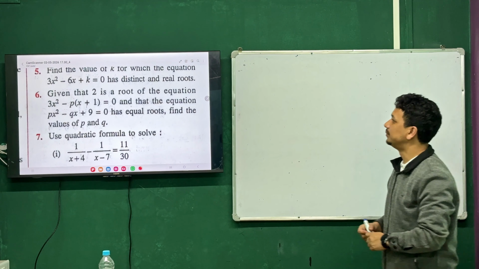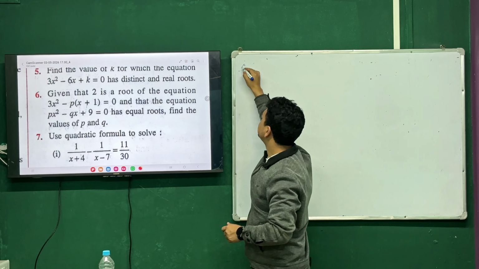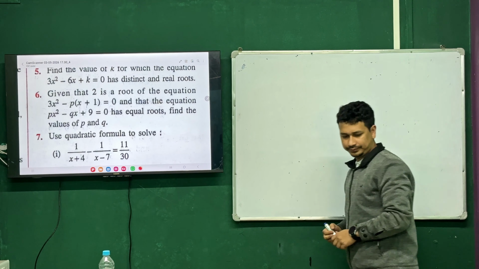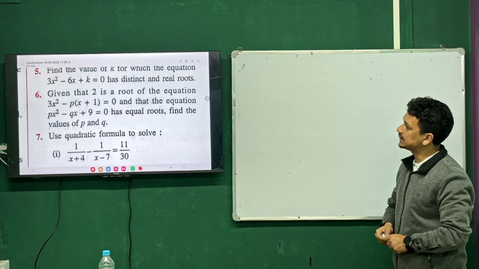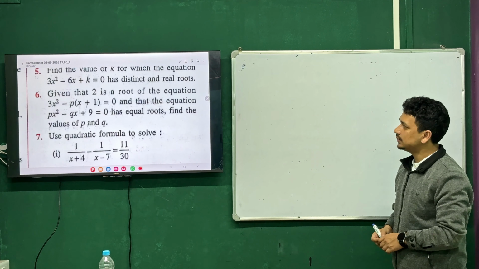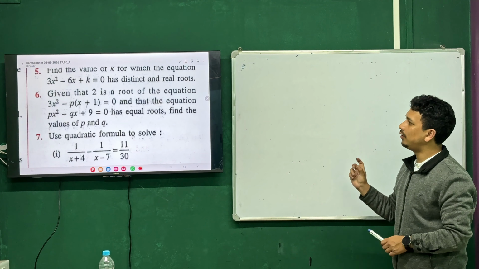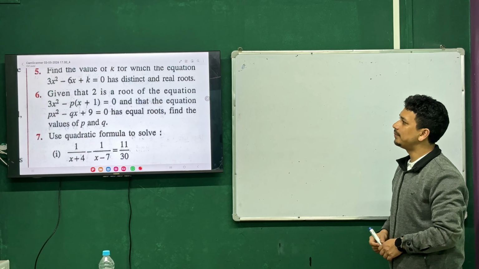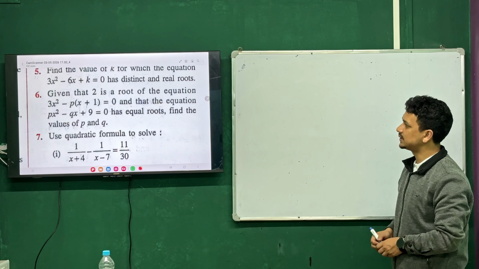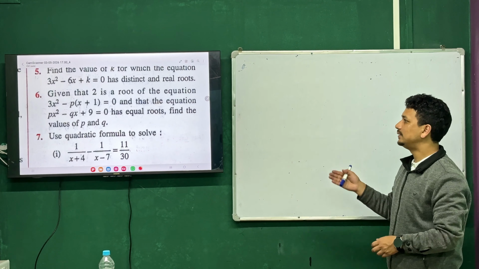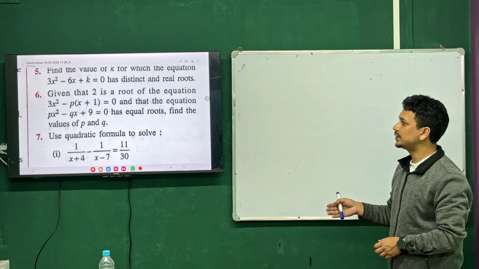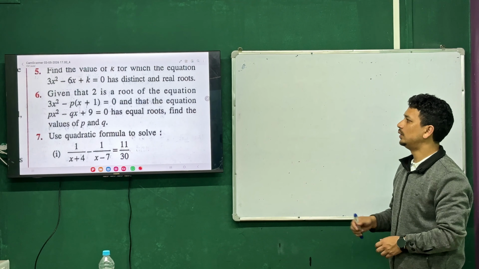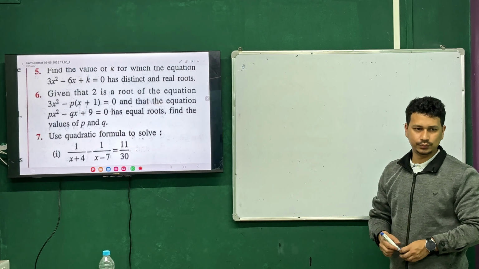Let's focus on this. Question number 6. Okay, let's see question number 6. Given that 2 is a root of the equation 3x square minus px plus 1 equals 0, and that the equation px square minus qx plus 9 has equal roots, find the value of p and q.